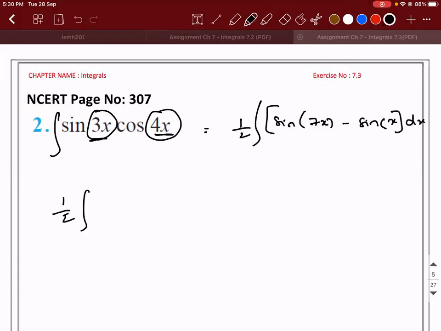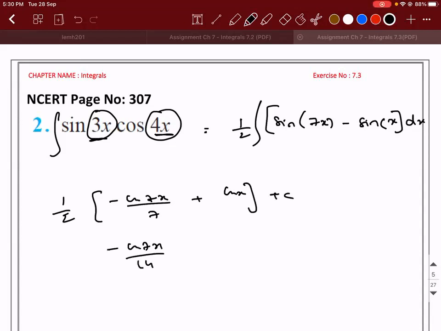In 7x, yes. So it will be, sorry, minus cos 7x divided by 14 plus cos x divided by 2 plus c. So this will be the required answer.